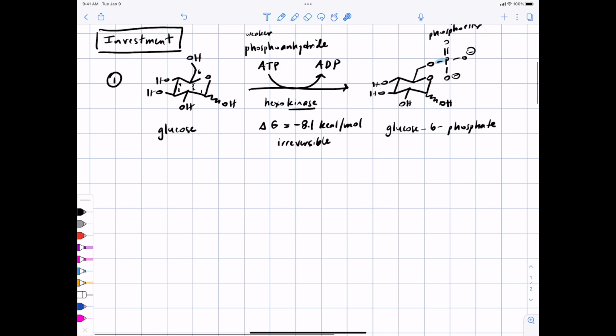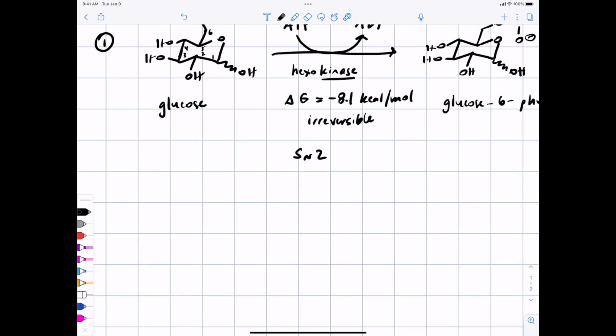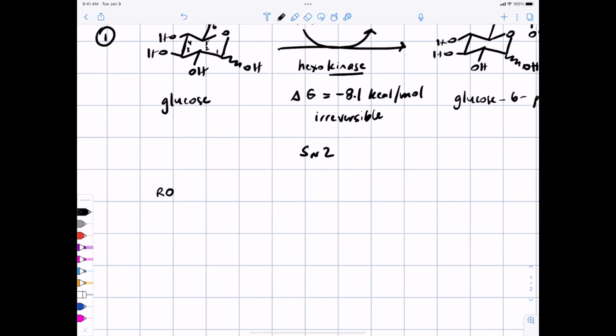The mechanism of this step is basically an SN2 style mechanism like we've seen before. If you want to draw it, you could just abbreviate the alcohol of glucose and then draw the phosphoanhydride of ATP. Oops.